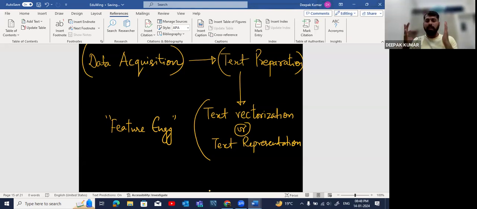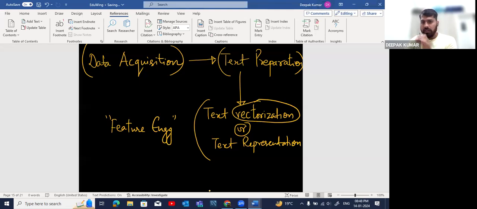So always try to correlate with what you already know, so it would be easier to understand and digest. Here, in feature engineering, whatever text is prepared, we convert into its equivalent numeric form. Hence we call it vectorization. Is this line understood? Hence we are representing the text to the machine.